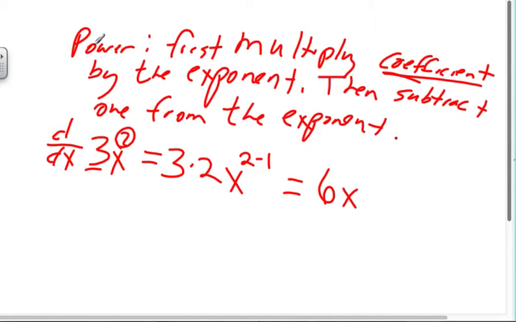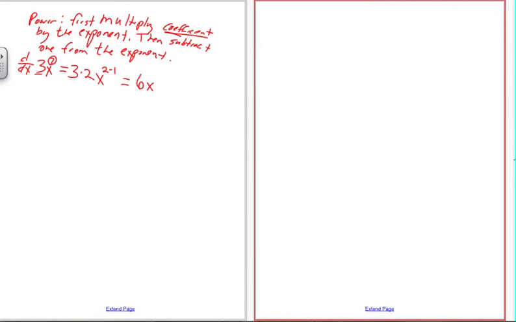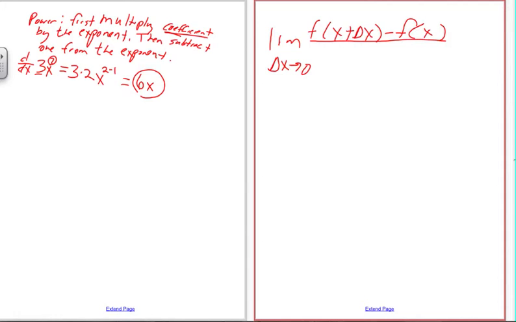Now let's come back in and do the limit definition of this to work it out. And it should give us the same thing. If you remember, the limit as delta x goes to 0 of f of x plus delta x minus f of x over delta x.